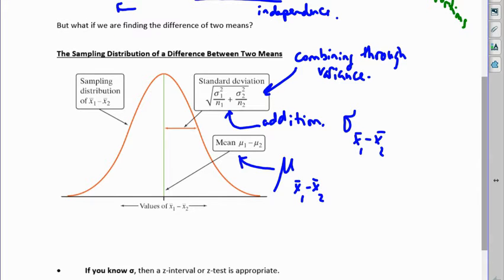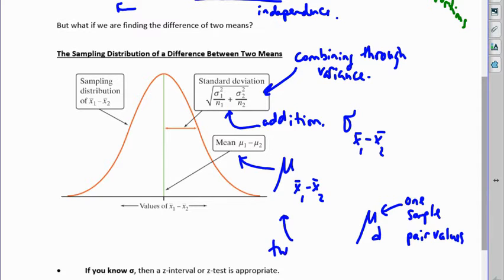And again, we're not going to write it like this, because that is a one sample situation where you probably had paired values and you did the subtraction before you did the summary stats. So don't write it like this. This is how you write a two sample difference.